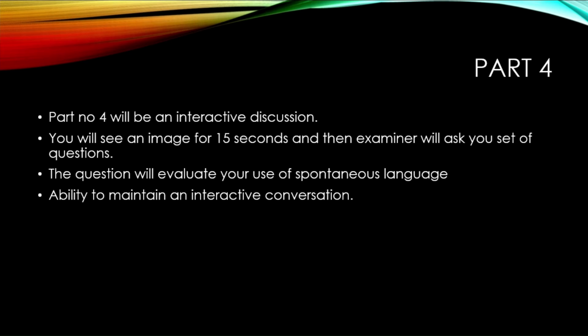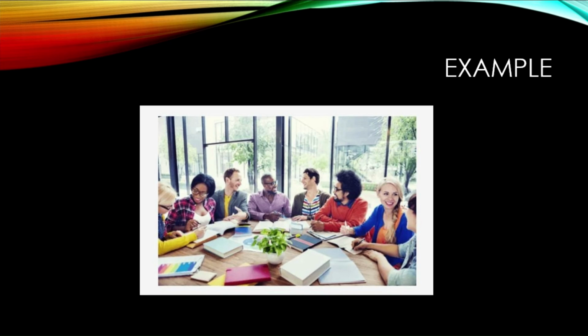The last part of the speaking of the Oxford is part number 4, which is the picture-based part. This is an interaction between you and your examiner. You will see an image for up to 15 seconds and then the examiner will ask you a set of questions. This tests your ability to maintain an interactive conversation.